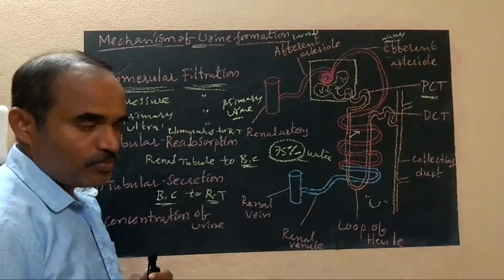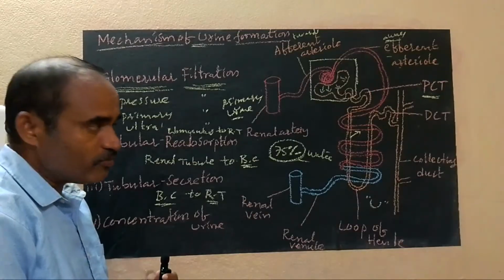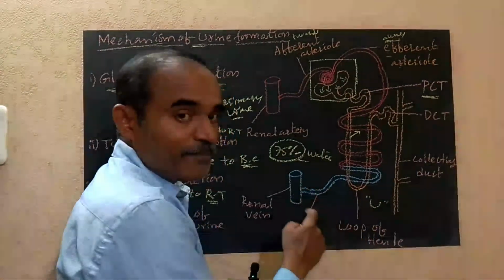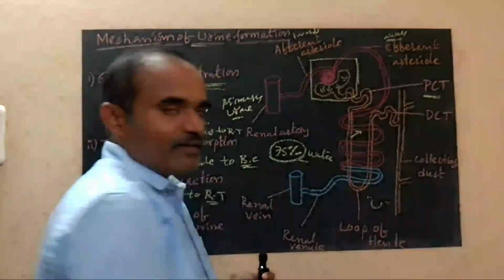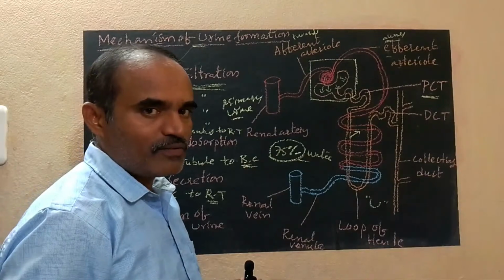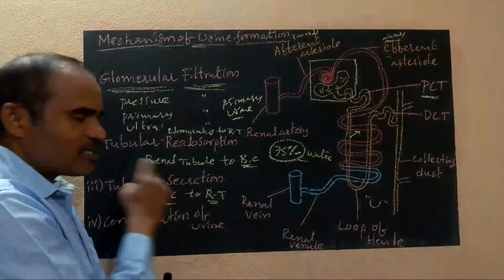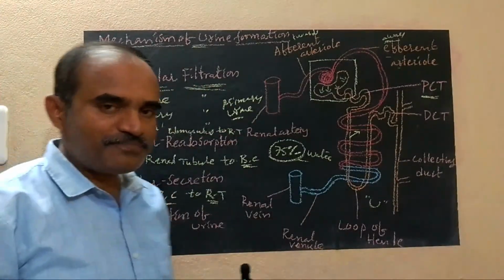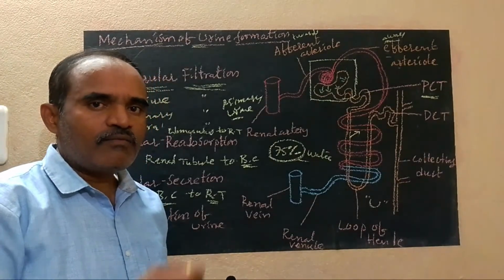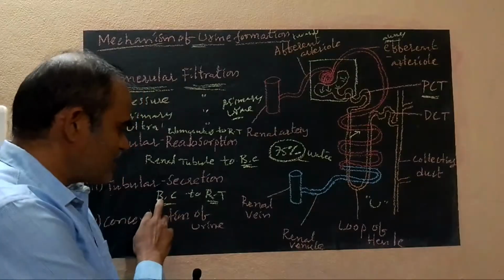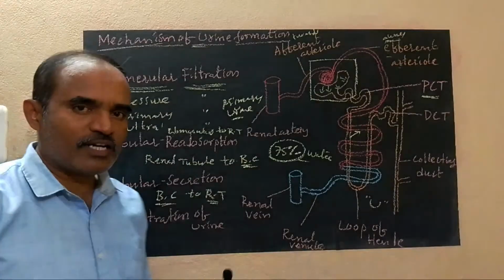In which part of the renal tubule does this stage take place? Here, the loop of Henle and also the DCT. The DCT is the second coiled structure of the nephron. So in tubular secretion, all the waste materials are secreted into the renal tubule from the blood capillaries.